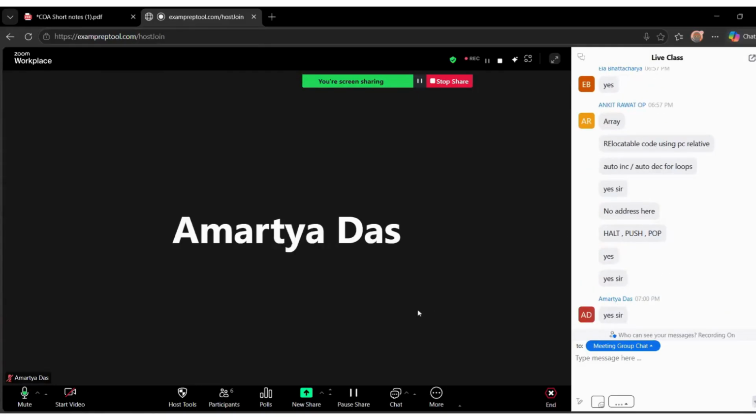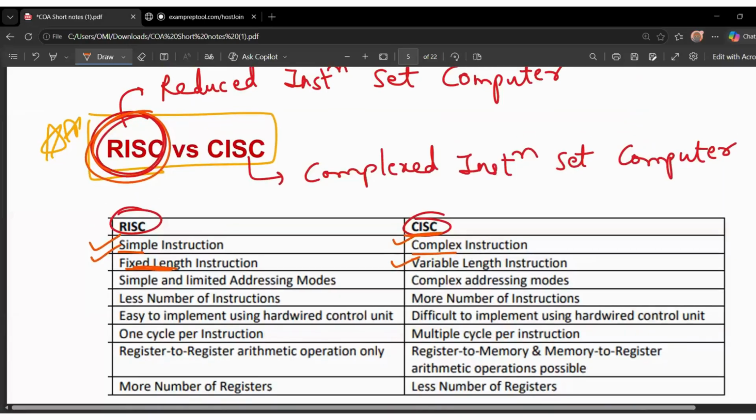If you recall, we discussed that the main job of RISC is to execute in less time, basically to save time. And what is the job of CISC? To save memory.